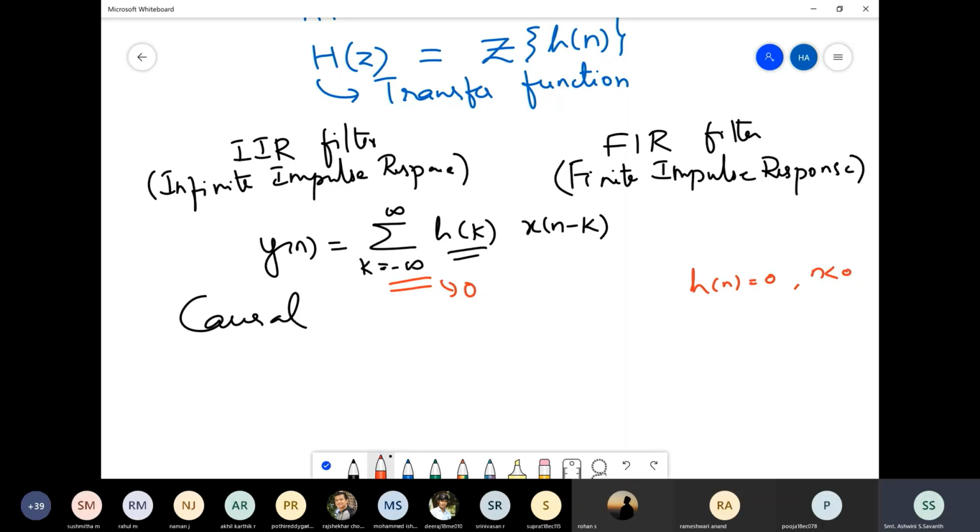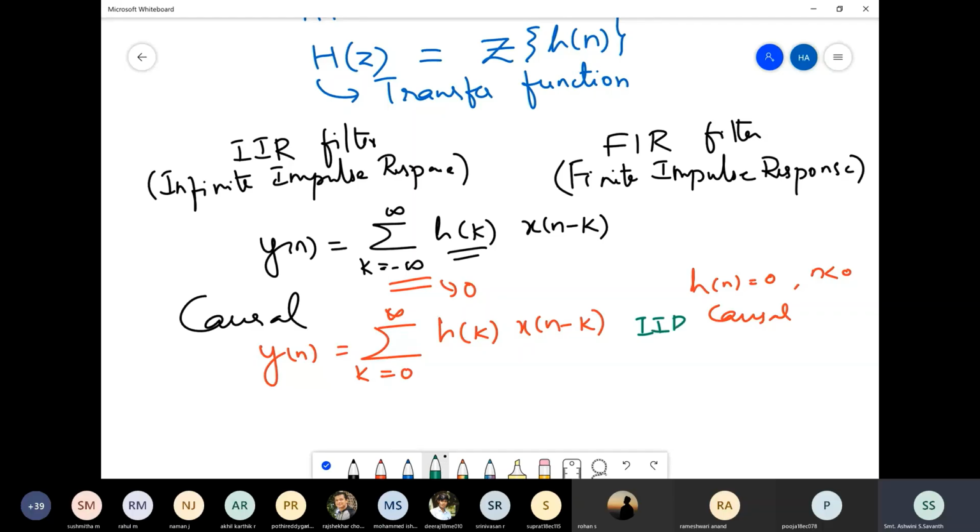The impulse response of a system will be 0 for n less than 0, so that means the system is causal. So what happens to the equation here will be summation k 0 to infinity h of k x of n minus k. So this is an IIR filter. Why is it IIR? Because your upper limit is infinity, so h of n has an infinite number of samples.